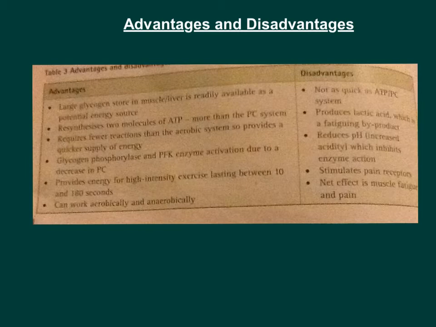And finally, we're just going to quickly go through the advantages and disadvantages of the lactic acid energy system, which you'll need to go over in some depth to make sure that you know in preparation for your exam, because they may well ask a question about critically evaluate each energy system in their function of producing energy to resynthesize ATP. And when the words critically evaluate come up, you obviously need to talk about the advantages and disadvantages.